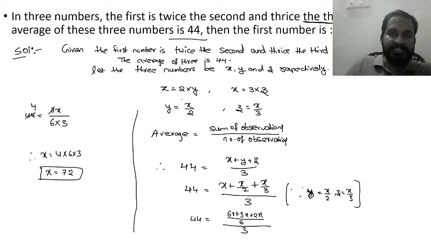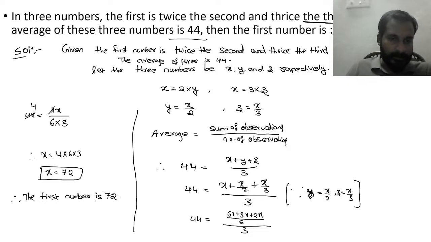And anyway, they asked us to find the first number only, right? Therefore, the first number is 72. Okay, this is the way to write the answer.